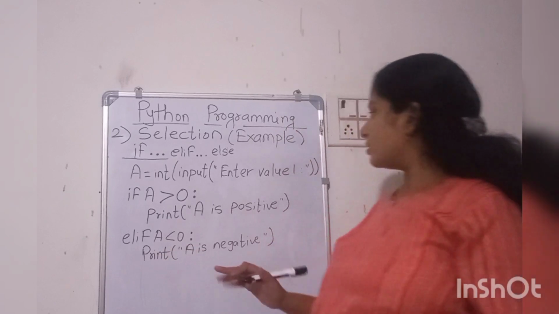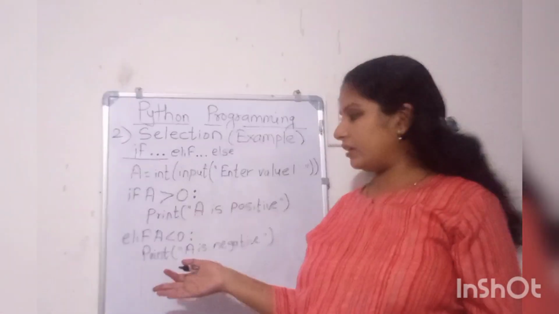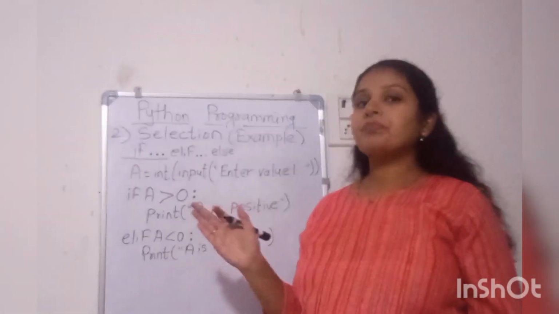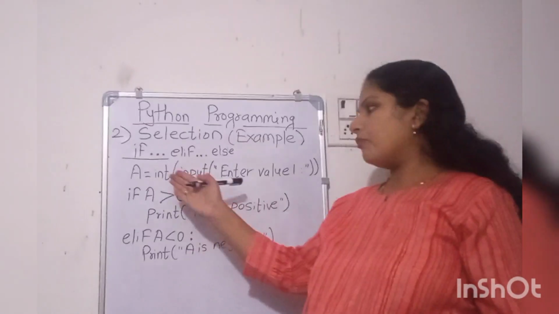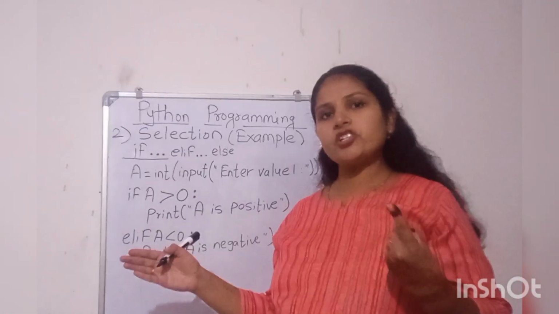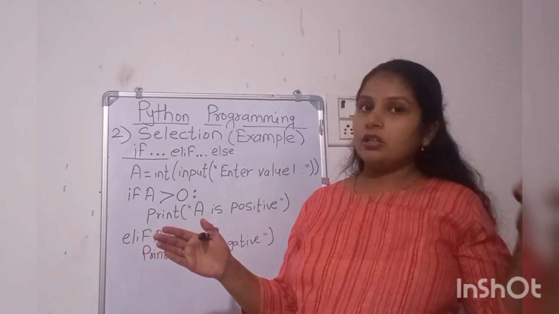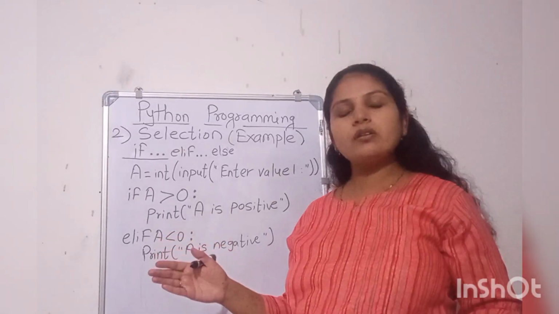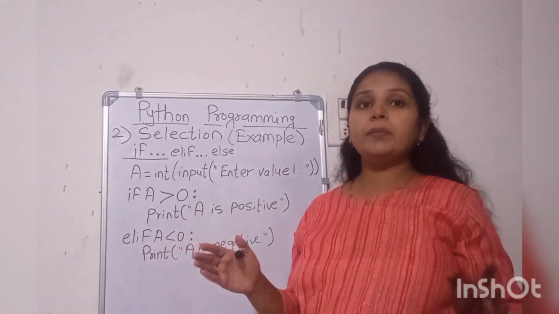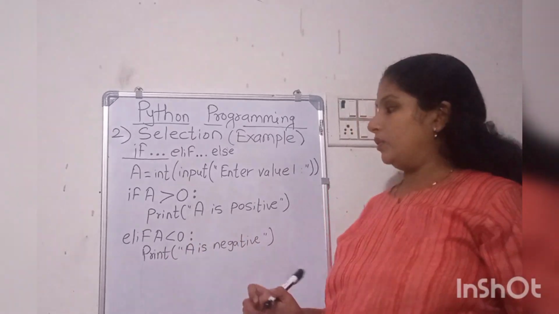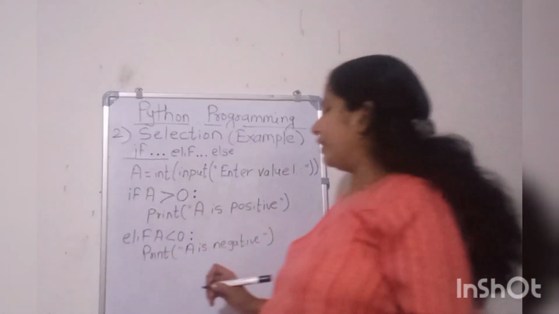Because the value of a is less than 0, the value of a will definitely be negative. After checking these two, only one condition is remaining. If the number is neither positive nor negative, it would definitely be 0. So that will be in our else part.